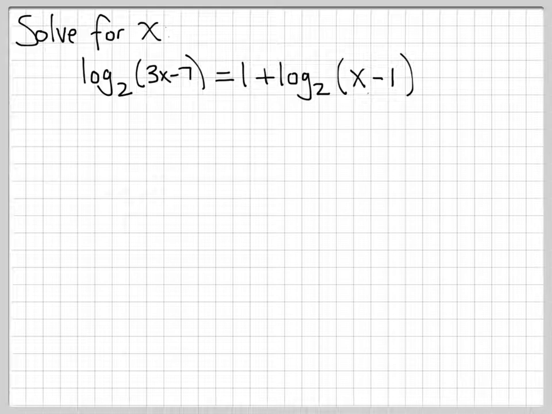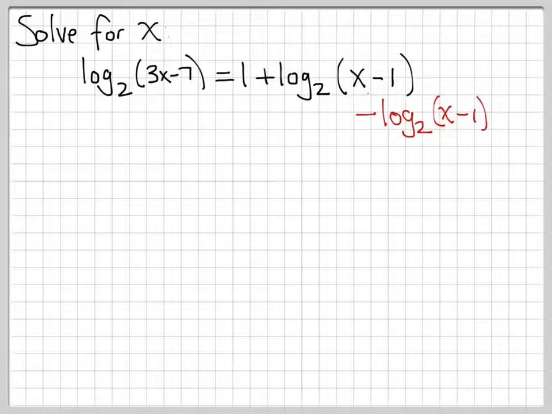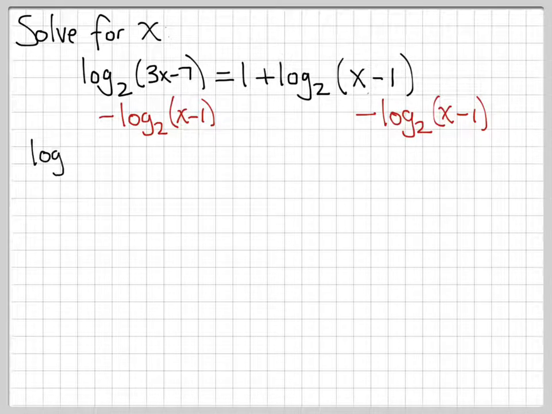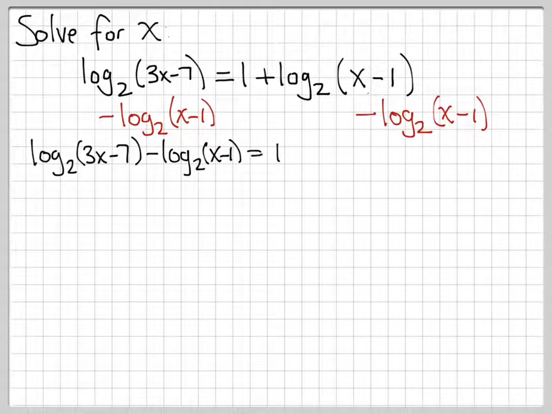So the first step is to subtract log 2 of x minus 1 so that my logs are on the same side. And what that gives me is log 2 of 3x minus 7 minus log 2 of x minus 1 equals 1.